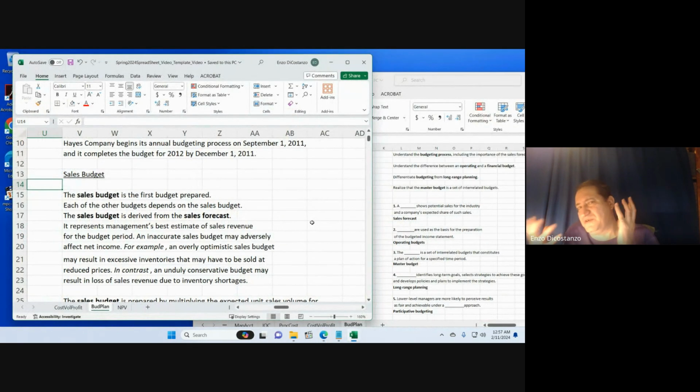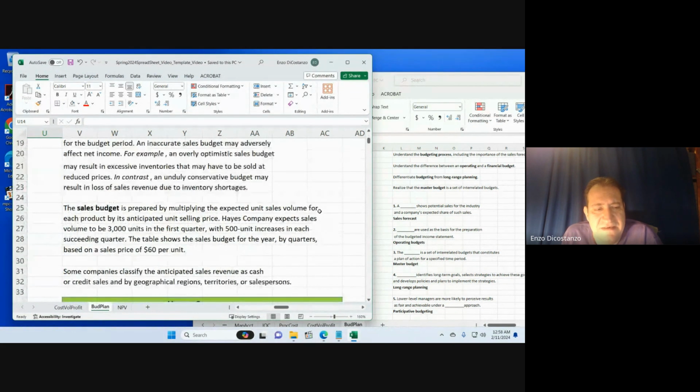Just to put some sort of product in your mind. Just like I was discussing the clock radio in the previous chapter, we're picking this particular product to study in this chapter. So we're going to care about the sales forecast and how you go through that. It says for Hayes Company, they expect the unit sales volumes and the anticipated selling price to be 3,000 units in the first quarter and a 500 unit increase each quarter after that.